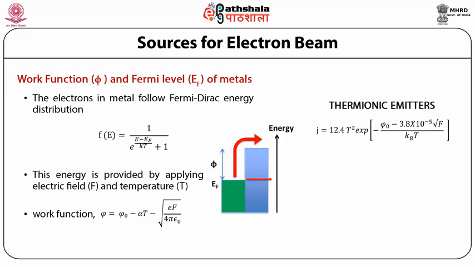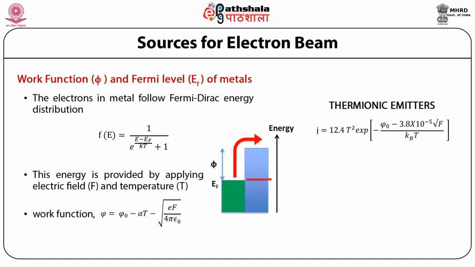Current is given by the Richardson-Dushman equation, which relates the current density of a thermionic emission to the work function phi 0 and temperature T of the emitting material by a mathematical relation J is equal to 12.4 T square exponential minus (phi 0 minus 3.8 into 10 to the power minus 5 square root of F) divided by kT, where J is the current density of the emission, Kb is the Boltzmann constant and F is the electric field.